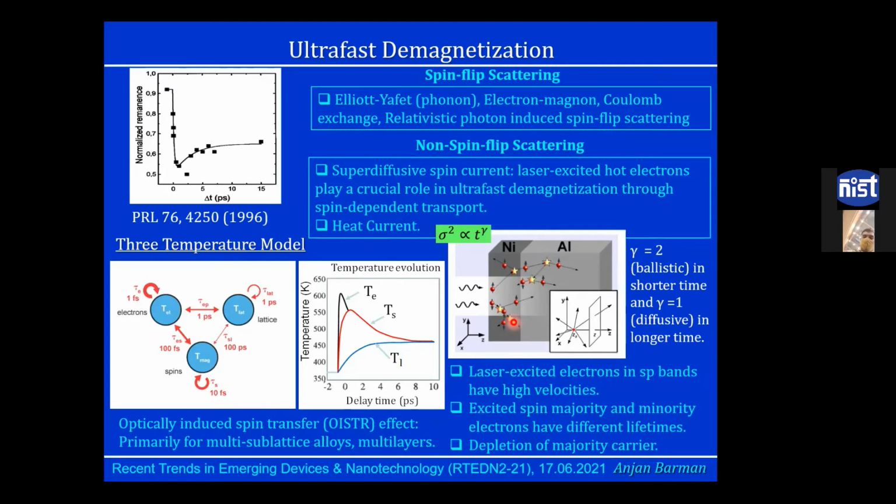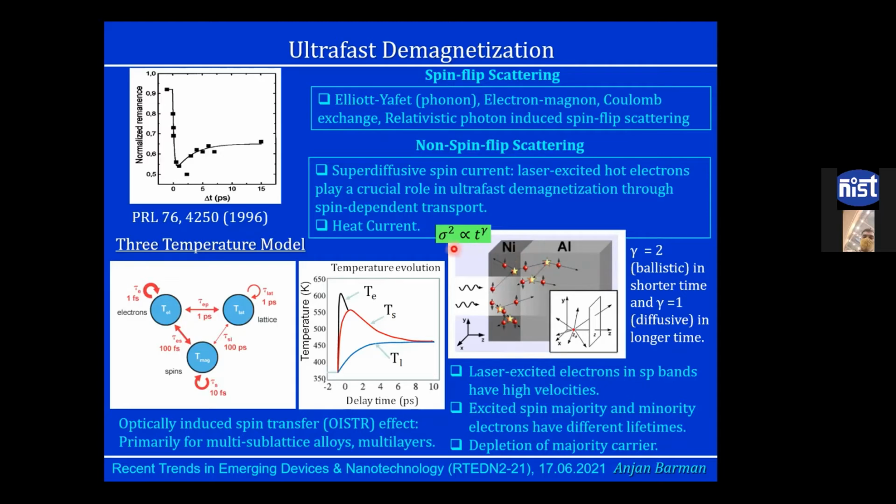And here one example was shown in a nickel-aluminum system. The laser excites electrons in sp bands of high velocity, and they excite the spin majority and minority electron bands with different lifetimes, and that causes a depletion of majority carriers. The spin current flows in a super diffusive manner, which starts in a ballistic way.